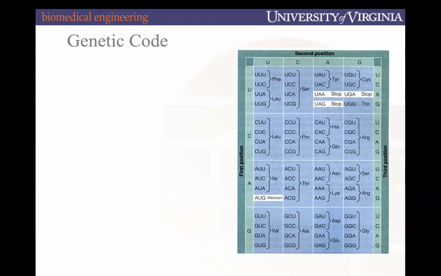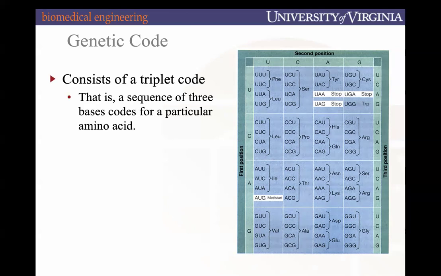And the genetic code whereby translation reads our mRNA is that it's reading three ribonucleotides at a time. And we call these three ribonucleotides at a time codons. It's this triplet code that is how three ribonucleotides will encode for a specific amino acid.